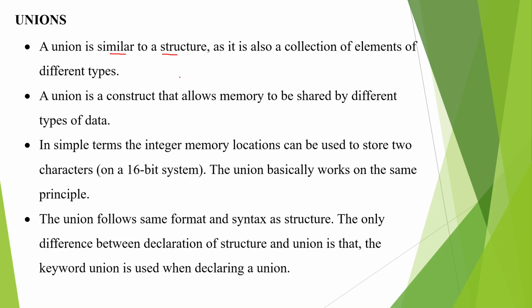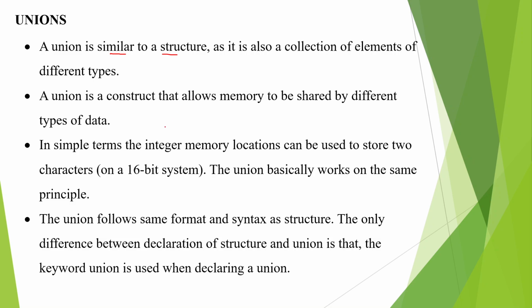But when we create a union, all the data items in the union, whatever members or fields I kept, are going to share the same allocated memory. Sharing of memory is possible through unions only. I will explain in detail, don't bother about it now.